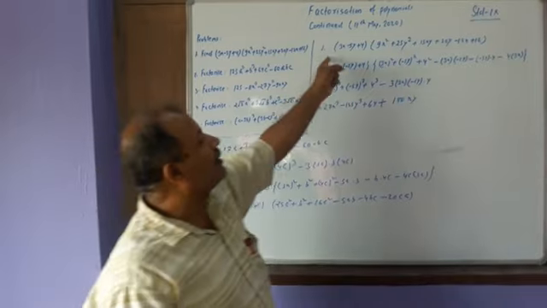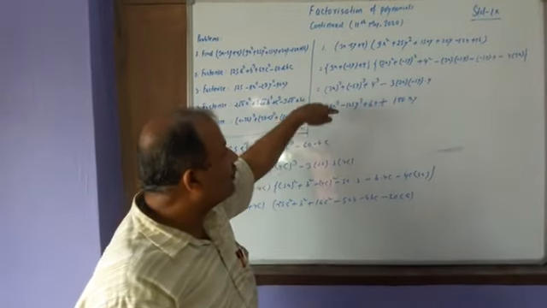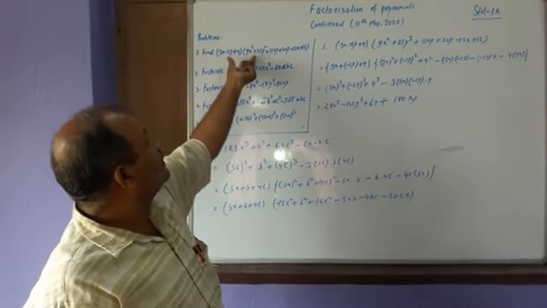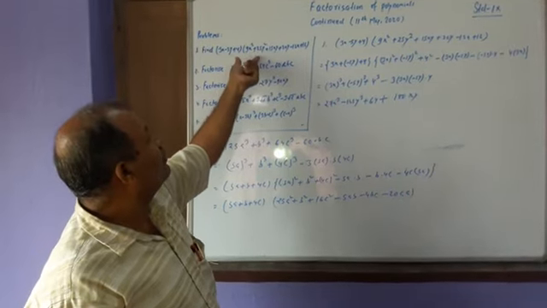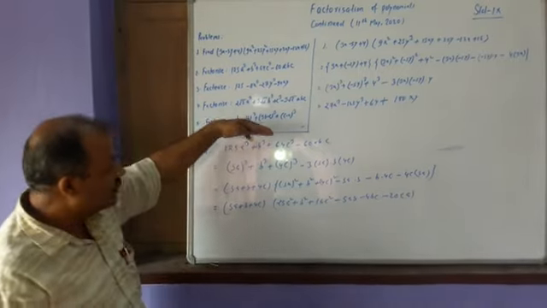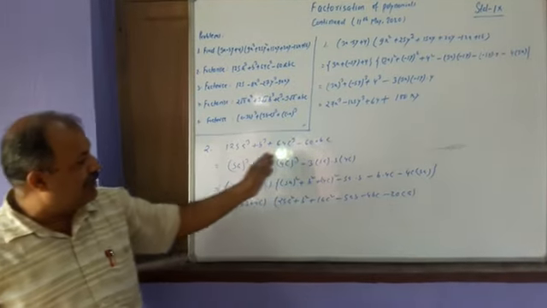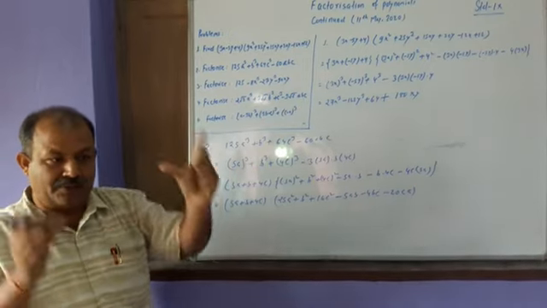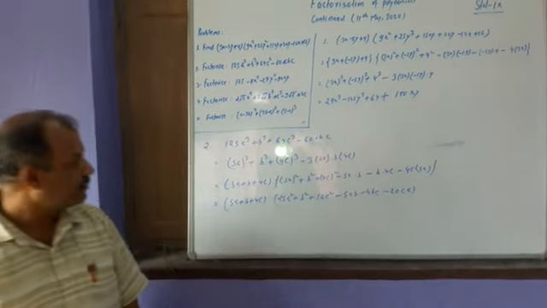Here we have multiplied these two factors to find this expression. Here we have to find the result after multiplying these two factors. Here we have to factorize the given expression. Both are on the same formula, but the process is reverse.